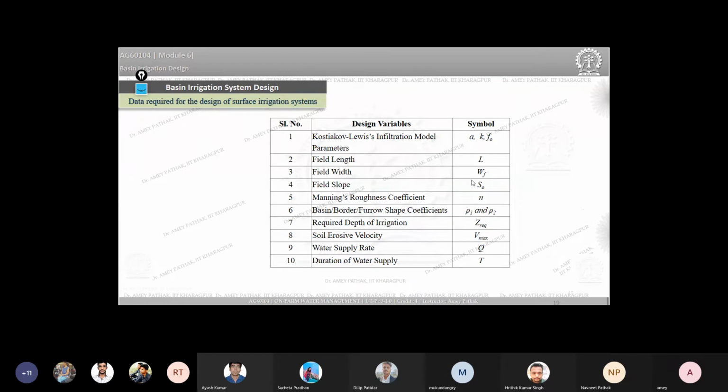Field length is L, field width is WF, field slope is S naught, Manning's roughness coefficient is N, the shape coefficients are ρ1 and ρ2, required depth of irrigation is Z requirement, soil erosive velocity is Vmax. Our velocity should be below this Vmax. Water supply rate is Q. Duration of water supply is T, the time for which we have the supply.